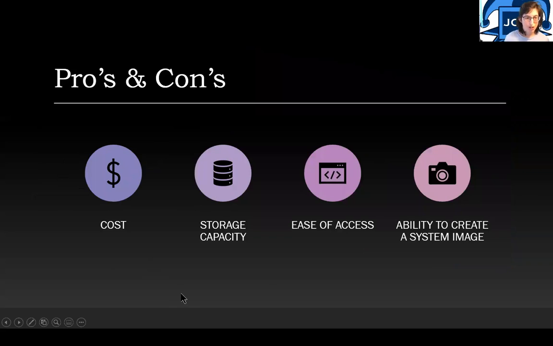So some of the things that you want to consider with each of those different storage methods are the cost, the amount of storage that you're actually going to have available to you, how easy it is to access those different methods of storage, and the ability to create a system image, which we're going to go back over again in depth here in a moment. So let's talk about these four different pros and cons that you want to weigh out.